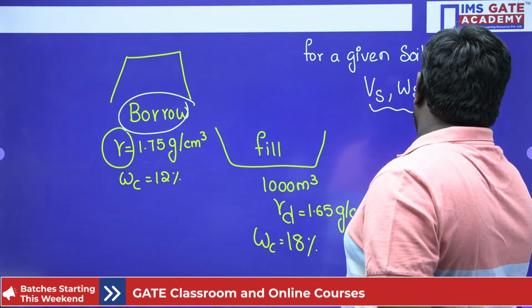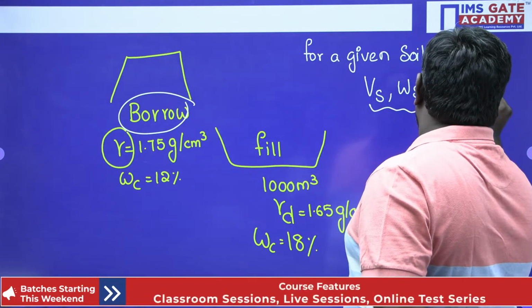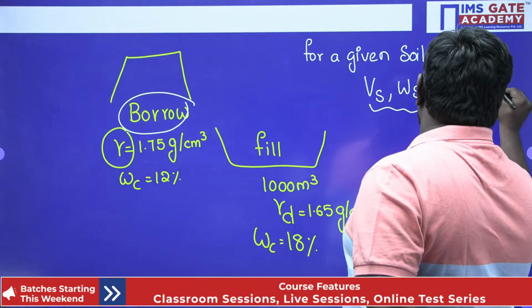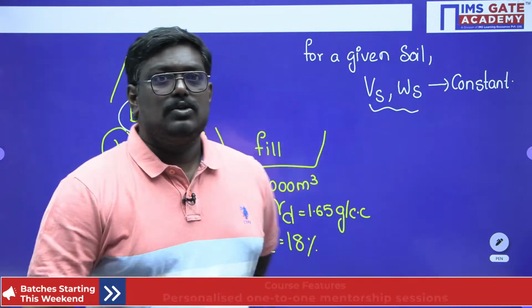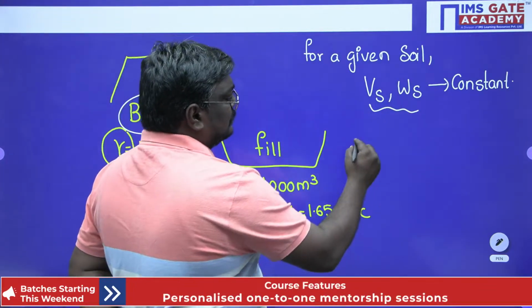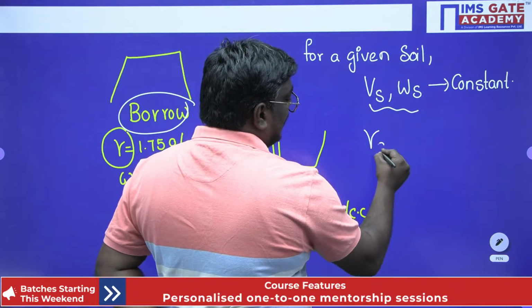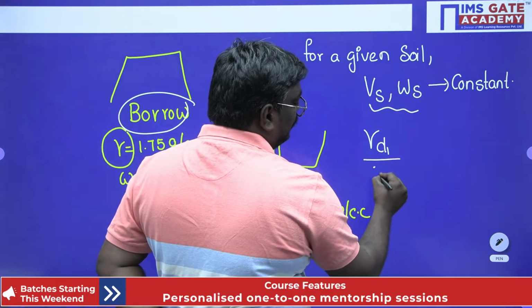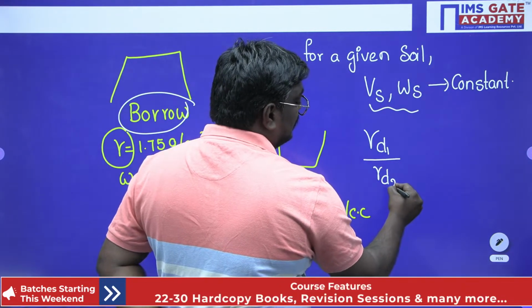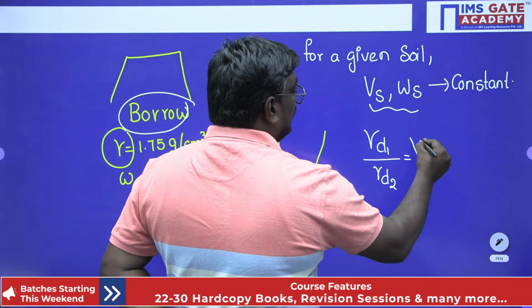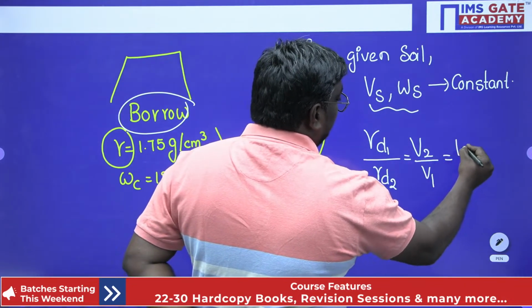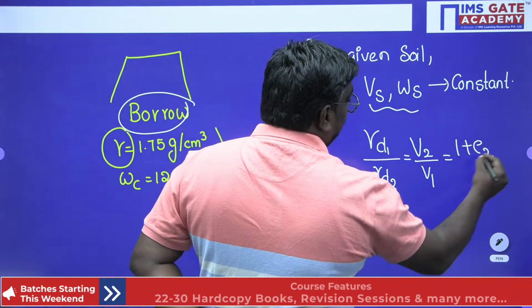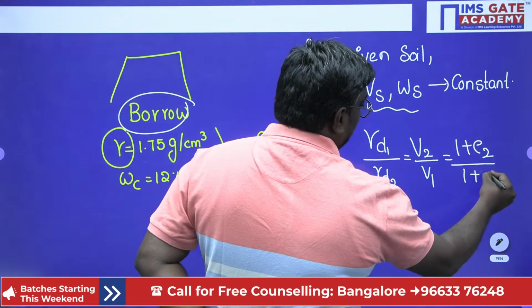You should remember these things. So here what I would like to tell you is, you can write gamma d1 by gamma d2, which I have told you already, is equal to V2 by V1, which is equal to (1 plus e2) upon (1 plus e1). This is the relation.